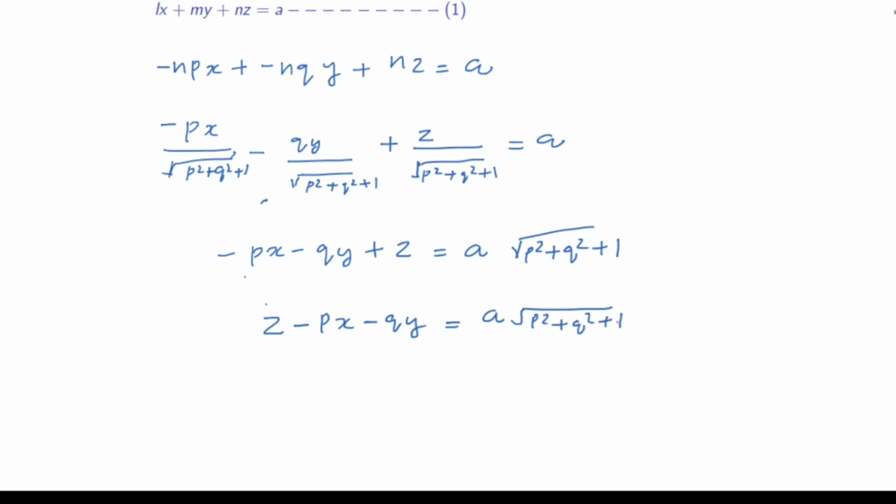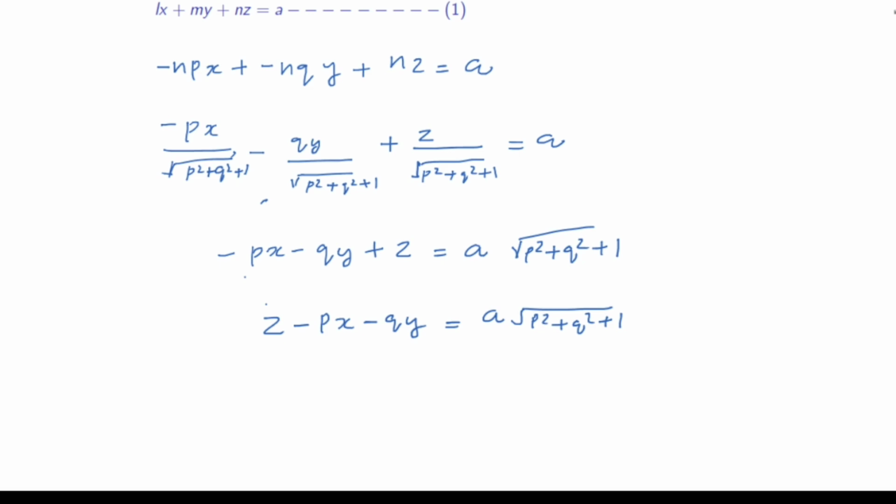So this is the partial differential equation, and it does not contain any arbitrary constant, but only the fixed constant a. We can also rearrange this into a simpler form.